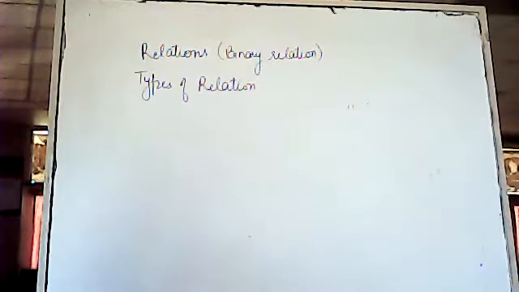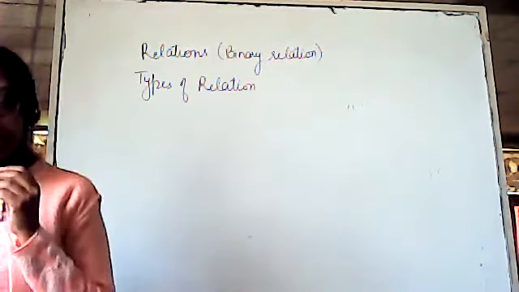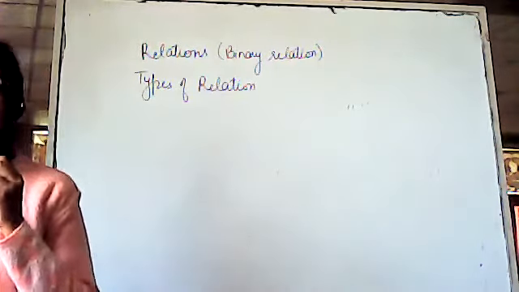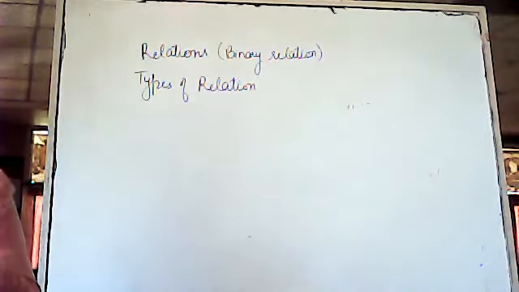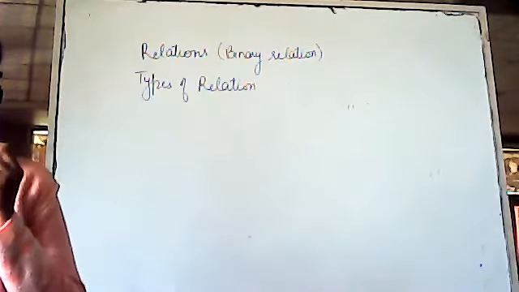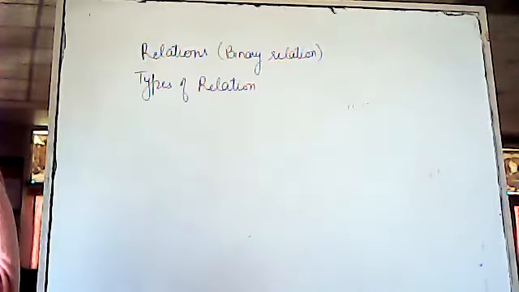There can be a direct question of 5 marks: explain all the types of relation. ठीक है? So it is important. Definition भी आ सकती है अलग-अलग, लेकिन इकट्ठा क्वेश्चन भी आ सकता है. Explain different types of relation.